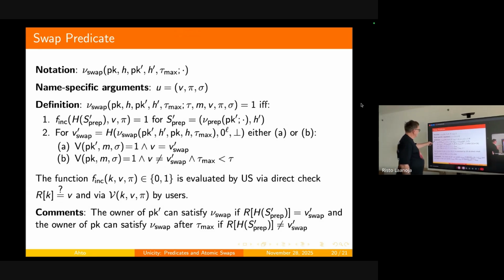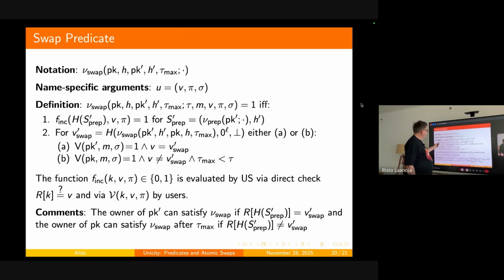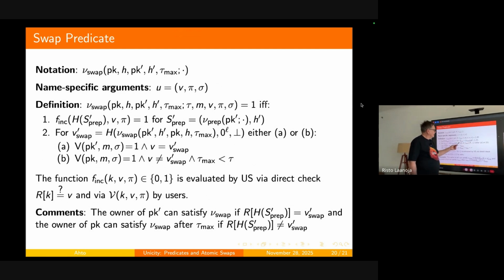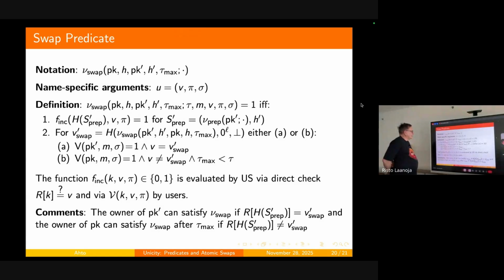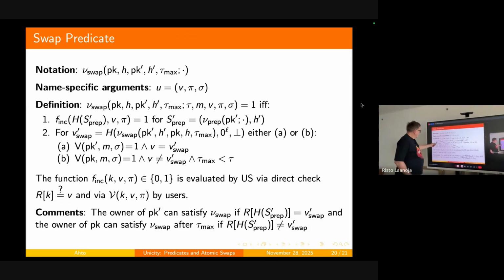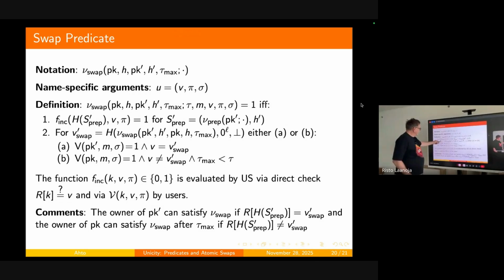So first, the predicate checks this, then it computes the other party's preparation state, basically, and it also assigns V prime swap.